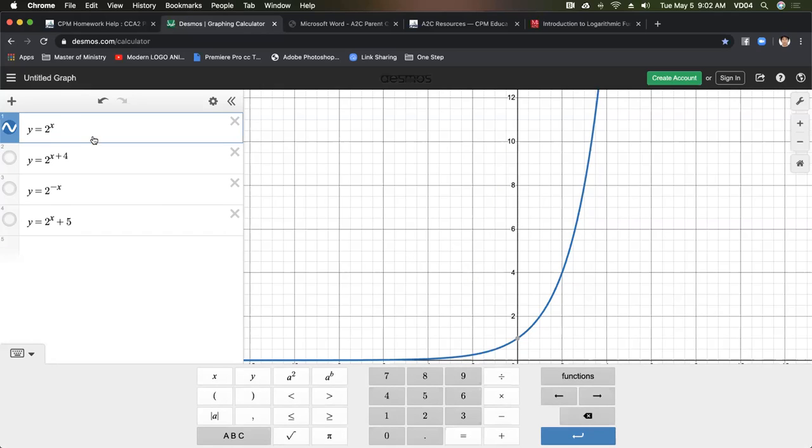So if we substitute 0 for the x, we have 2 raised to 0, right? Hello, Martin, are you there? Yes. Okay. So when we have 2 raised to 0, what is that equal to? What is the equivalent of 2 raised to 0?